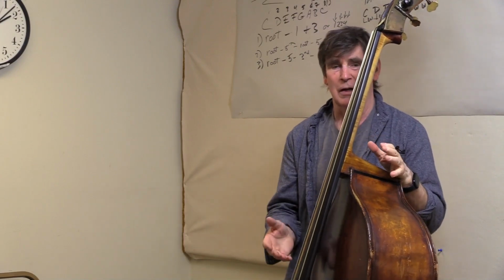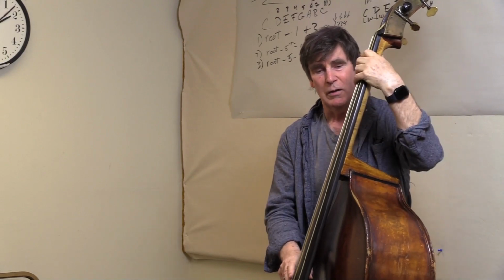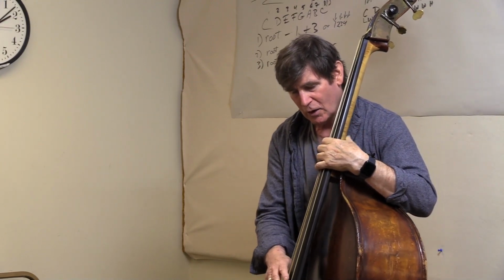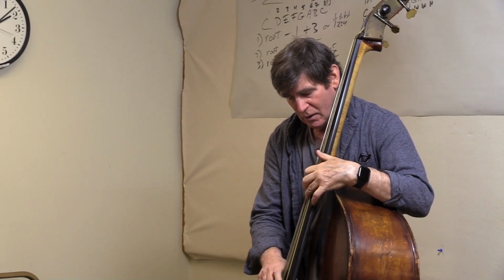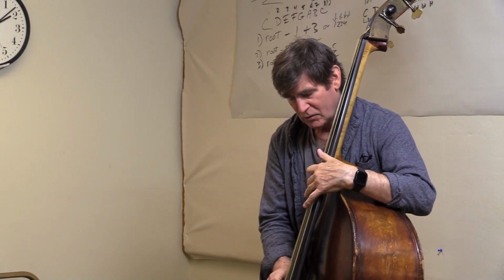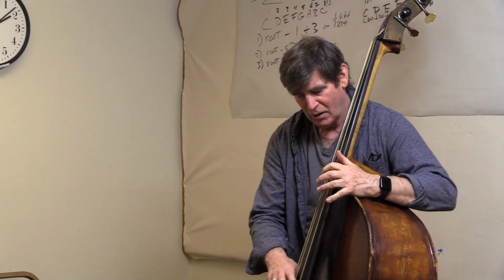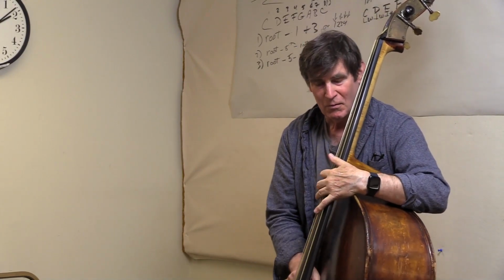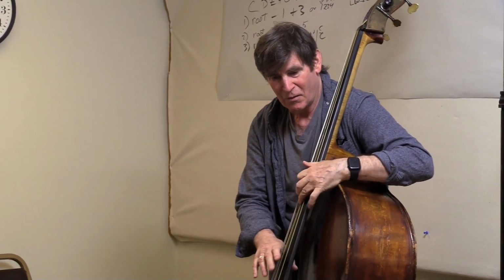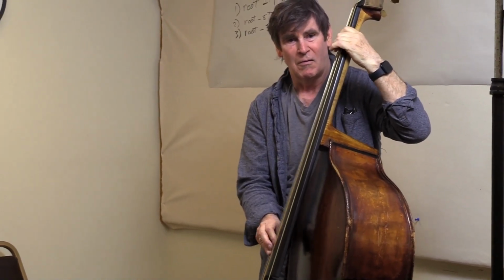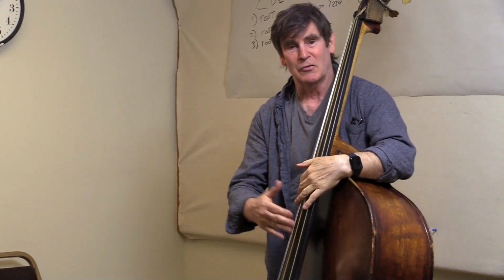So I'm just throwing in, like, 1 2 3 4, and then starting on D. So D, E, G, A, C, D, F, G. Then I'm back to the starting point, and then it just goes over and over.